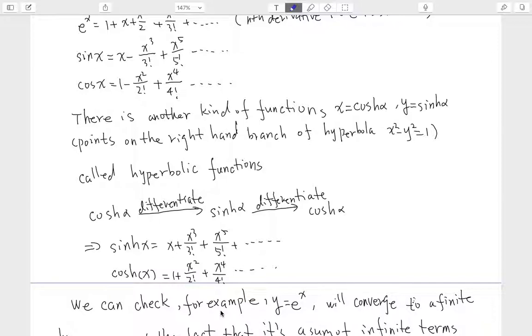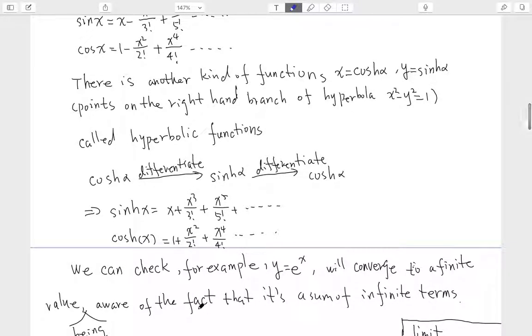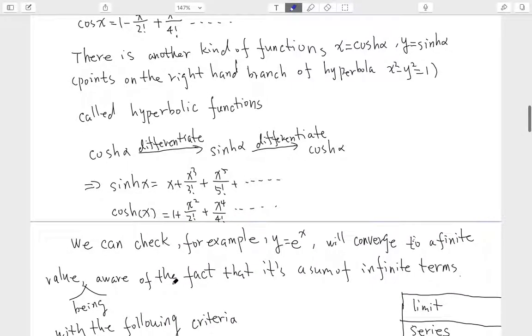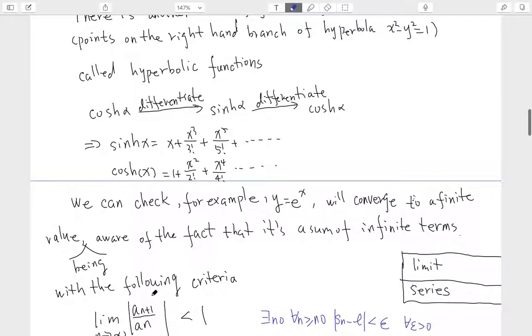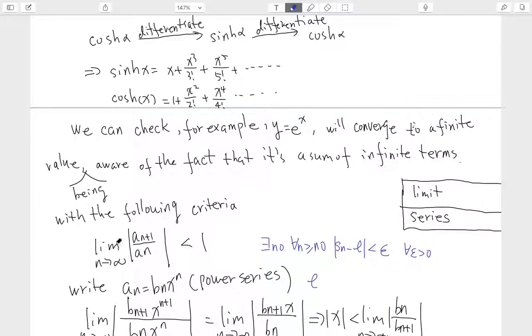To prove that, for example, y is equal to e to the x will converge to a finite value, given that it is a sum of infinite terms, the criterion is: the limit as n goes to infinity of the absolute value of a(n+1) over a(n), where a(n) is a general term of the sequence, is less than 1.